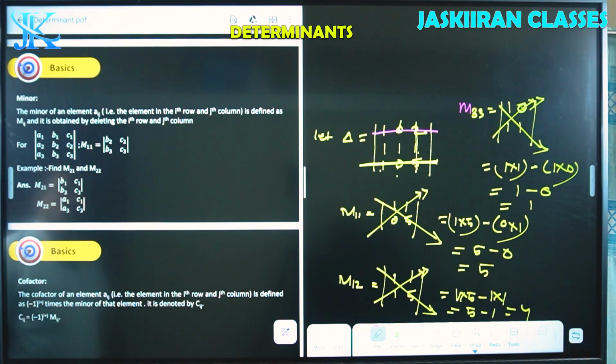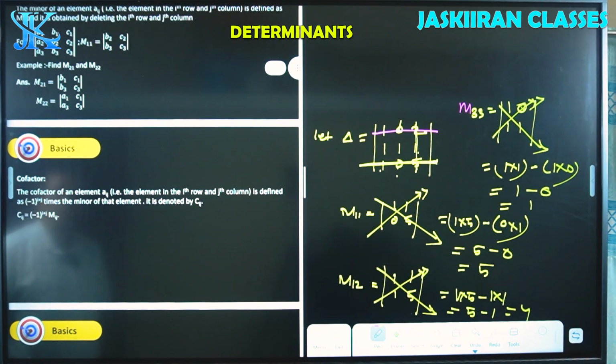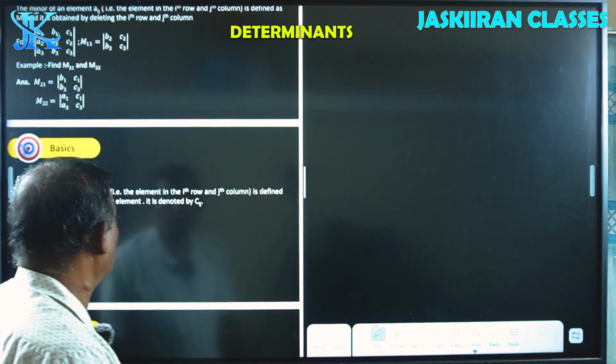Expanding like this. Then let us discuss cofactors. How to get the cofactors of a third order determinant?